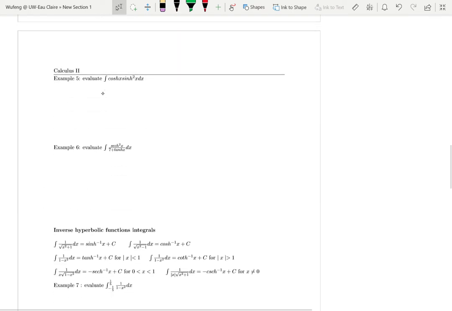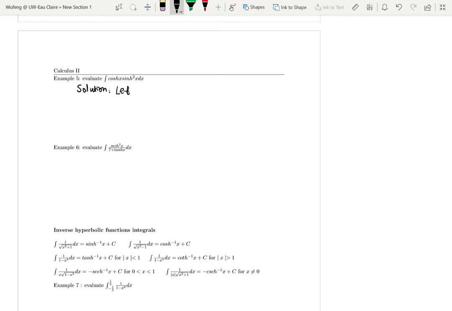So next example, the hyperbolic cosine x times the hyperbolic sine x squared. These examples are very, very similar. It's pretty much like the trigonometry functions, trigonometry substitutions.